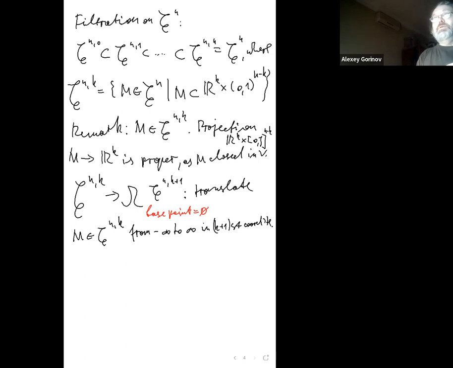Now there are two things which happen. I will write them down, and then we'll have a break. So if k is greater than 0, then the map we've just constructed is a homotopy equivalence.